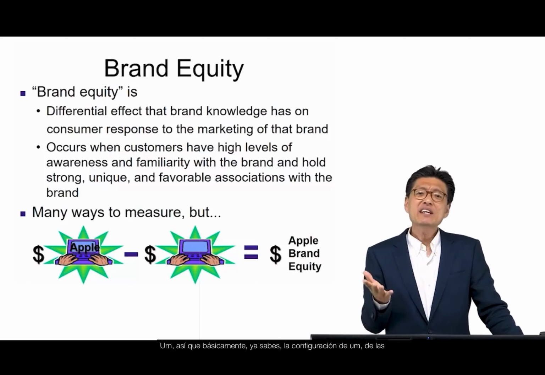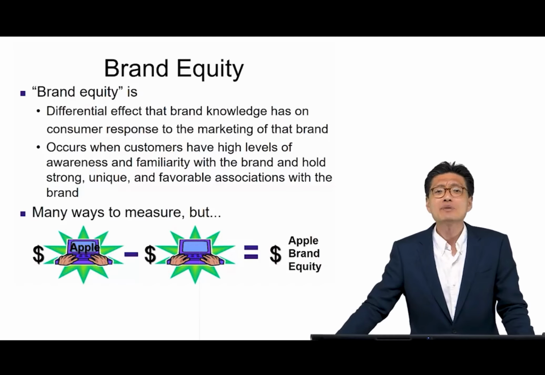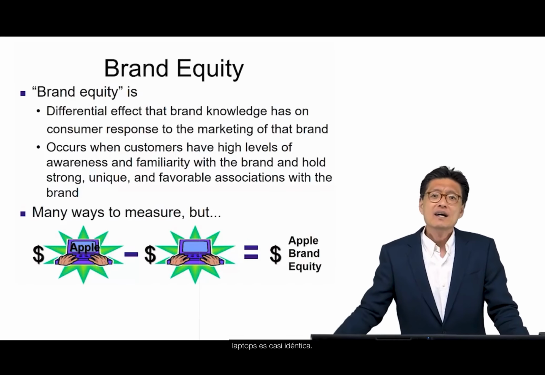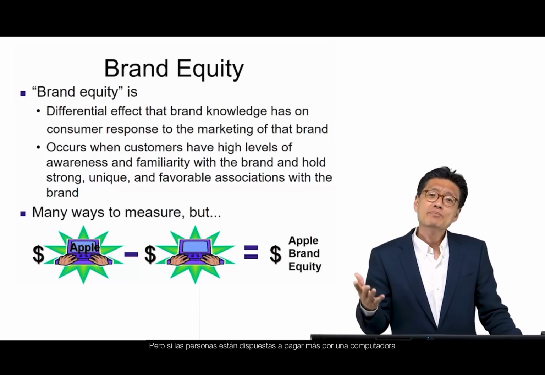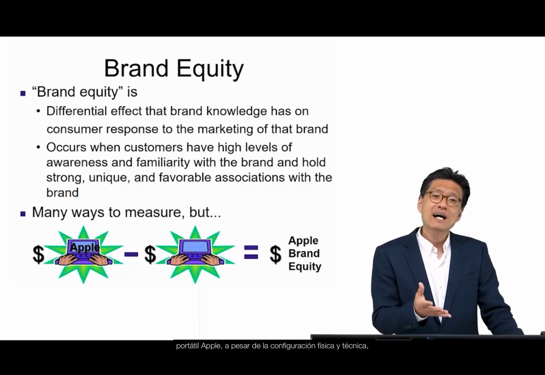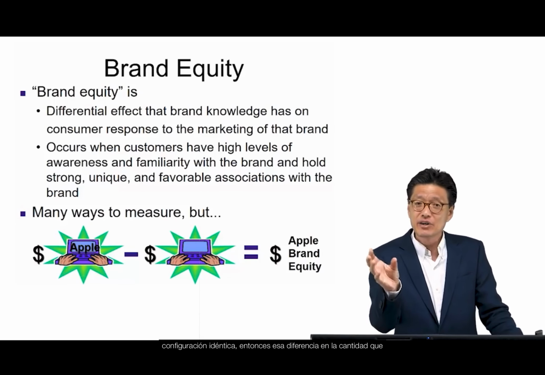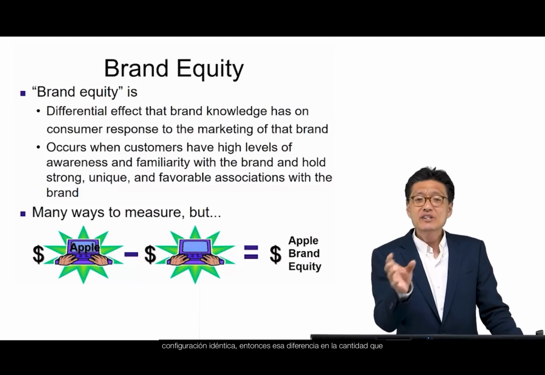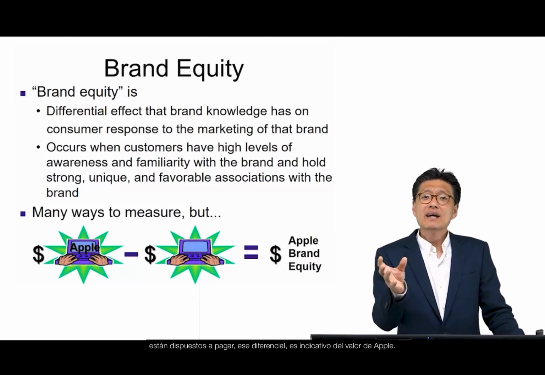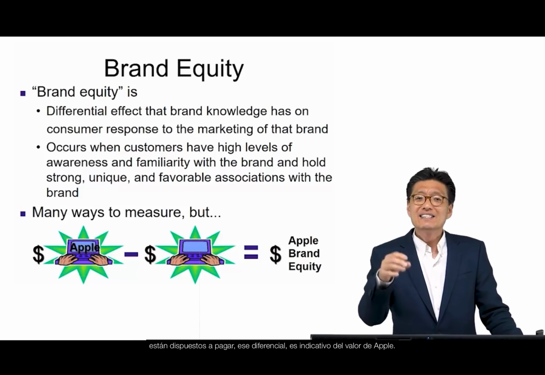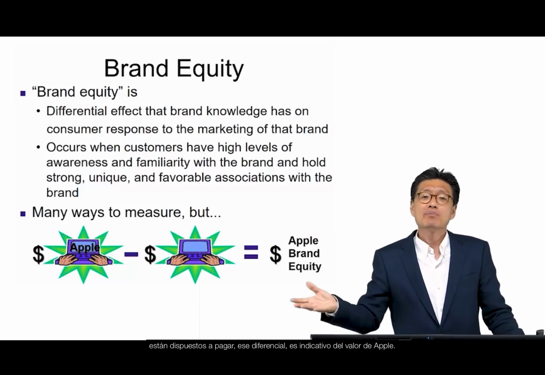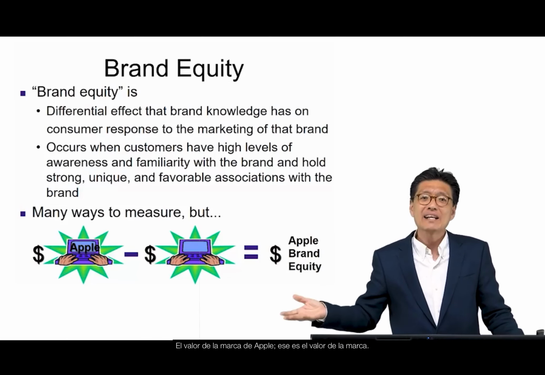So basically, the configurations of the laptops are almost identical. But if people are willing to pay more for an Apple laptop, despite the identical physical and technical configuration, then that difference in the amount that they're willing to pay, that differential, is indicative of the brand equity of Apple. That's Apple's brand equity. Right?